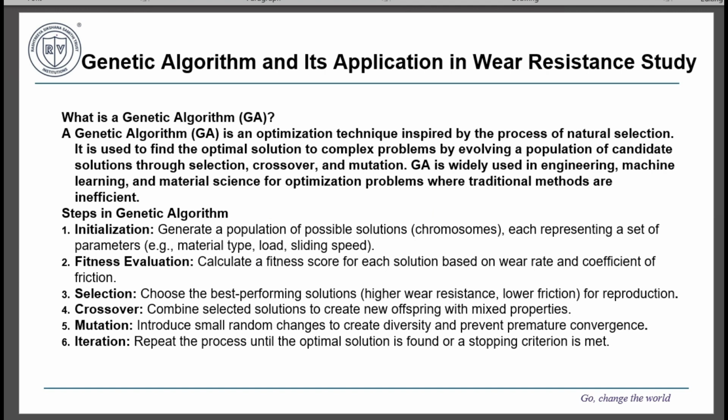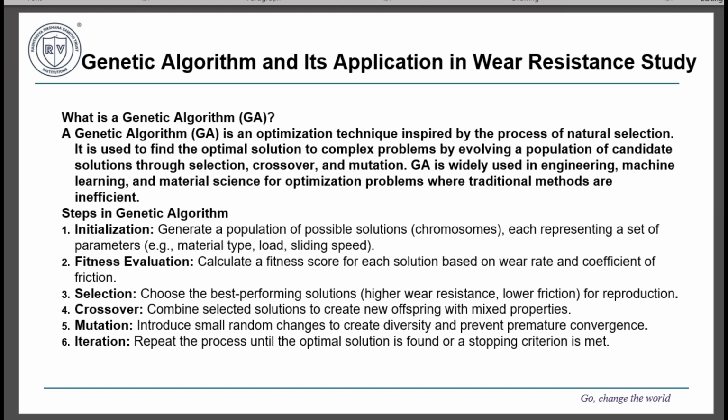Steps in genetic algorithm. First one is initialization, to create a population of possible solutions, each representing a set of parameters. Fitness evaluation, to calculate a fitness score for each solution based on wear rate and coefficient of friction. Selection: choose the best performing solutions for experimentation.